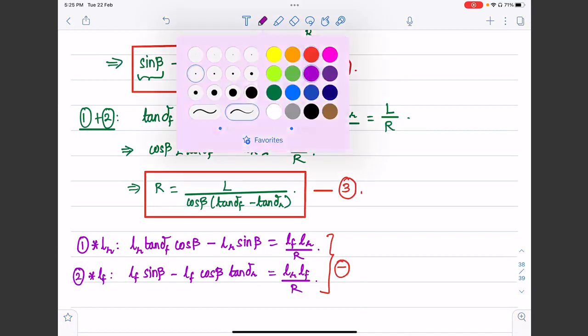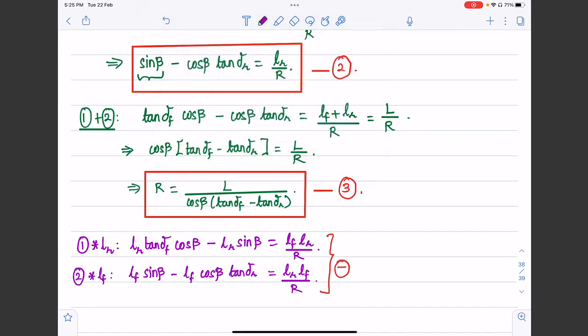So what do we get if we subtract? On the left hand side, we will have one term with cos beta common: the first term on the left hand side of the first equation and the second term on the left hand side of the second equation. So I will have cos beta times LR tan delta F plus LF tan delta R. How did I get a plus sign?